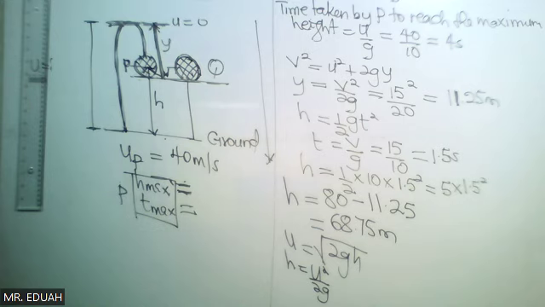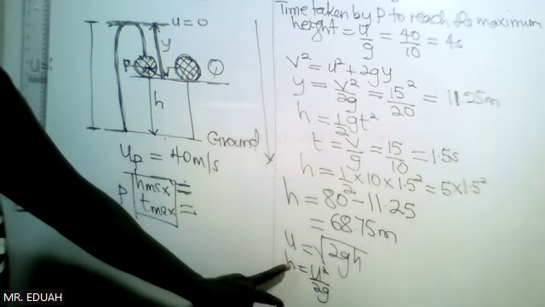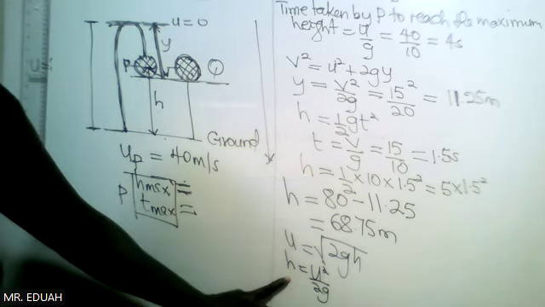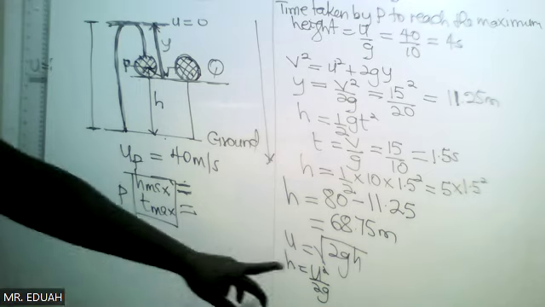If you want to use this to find U, what of Q must you know before you use this?